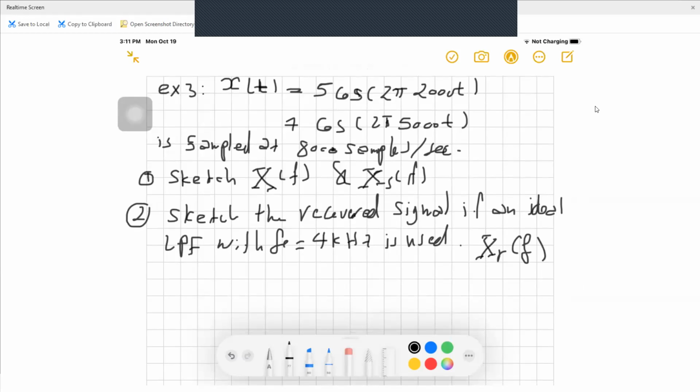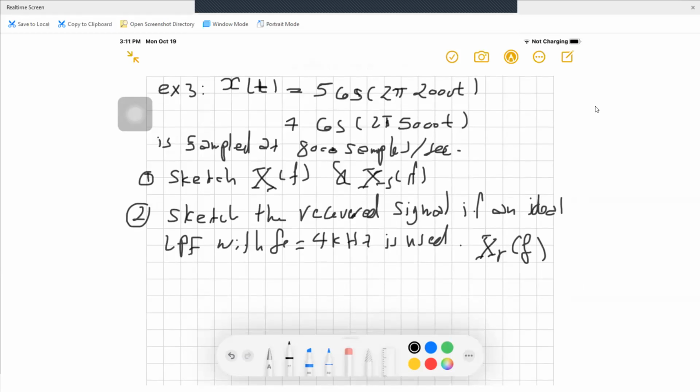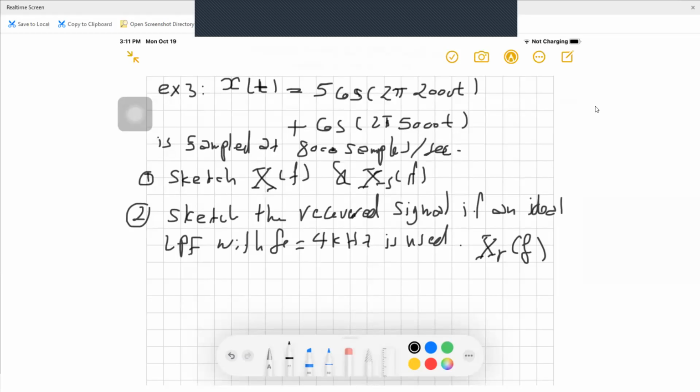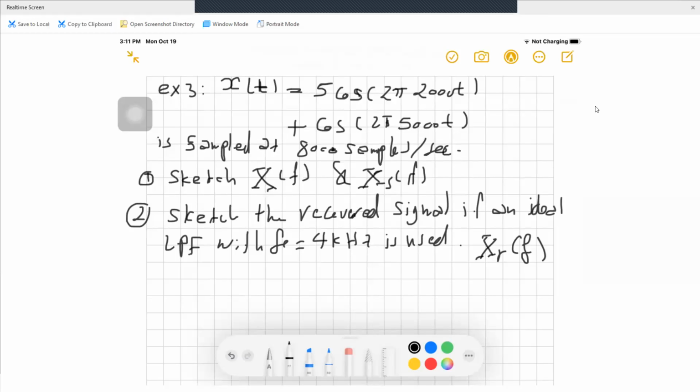Okay, so this is the example number 3. Again, you can read the example number 3. We are given an analog signal which consists of 2 components, 5 cosine 2 pi 2000 t plus cosine 2 pi 5000 t, and it's sampled at a rate of 8,000 samples per second.